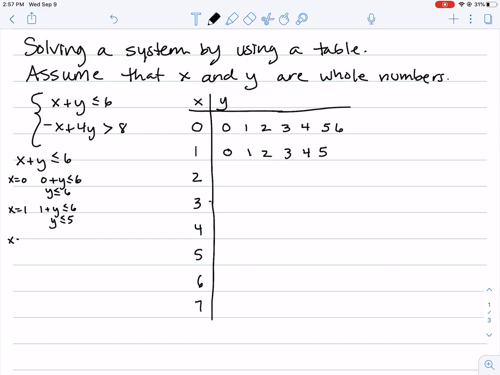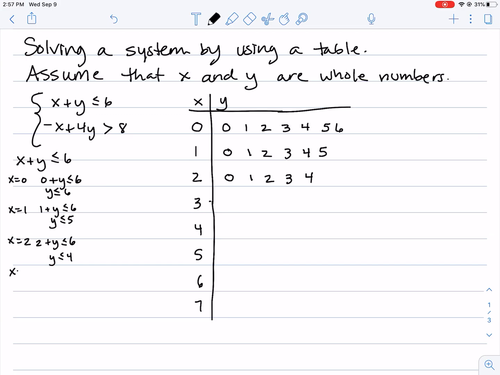After that, 2 is next. 2 plus y less than or equal to 6. Solve for y: y is less than or equal to 4. So for x equals 2, I list 0, 1, 2, 3, and 4.